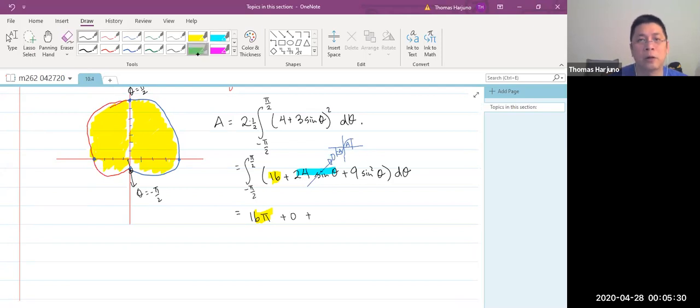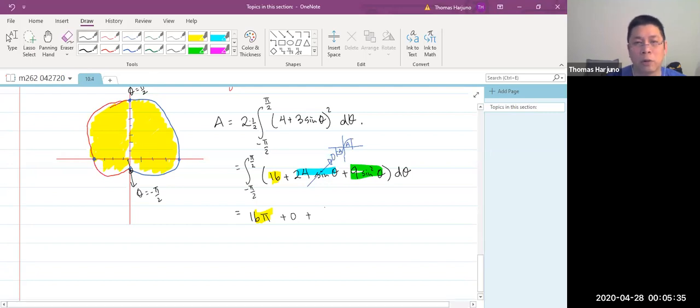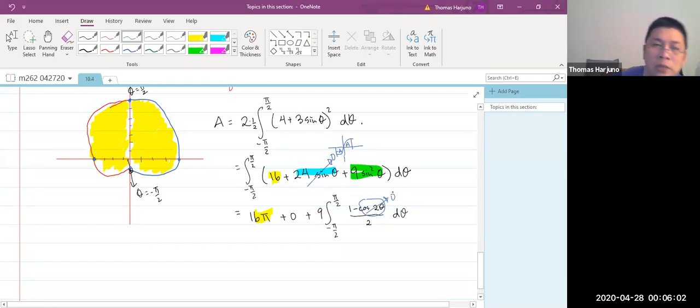The last term, let me slow down a little bit. That's the integral from negative pi over 2 to pi over 2. I pull the 9 out, I do the double angle, d theta. And again, you will see that this part gives you 0 for the same reason.